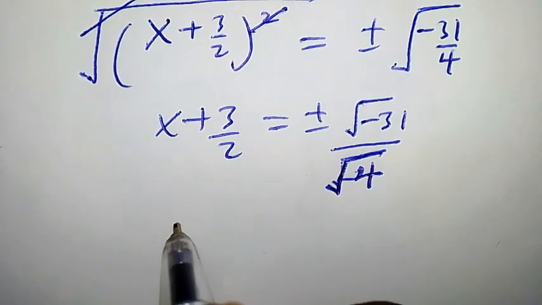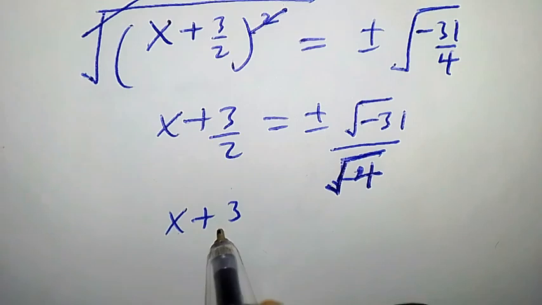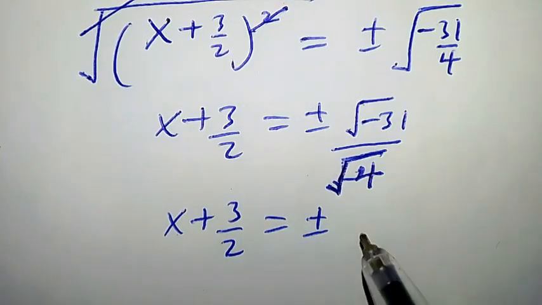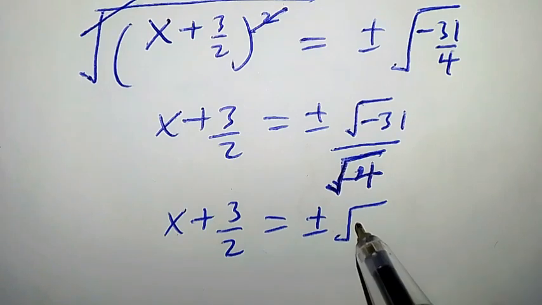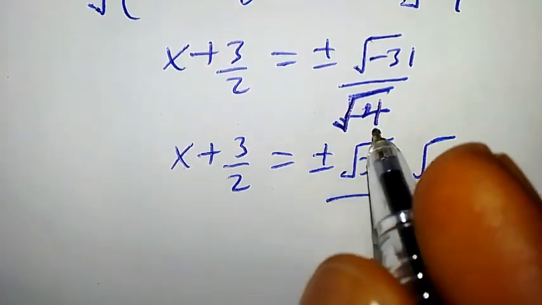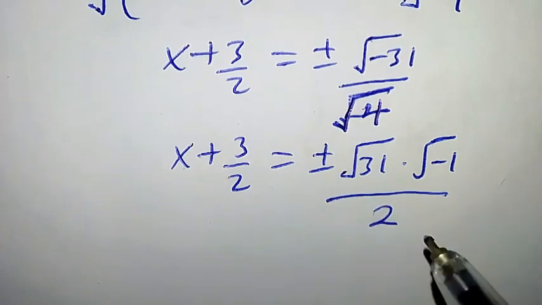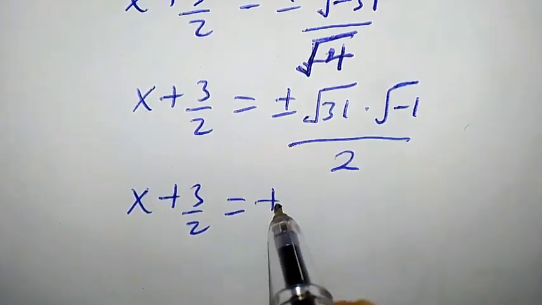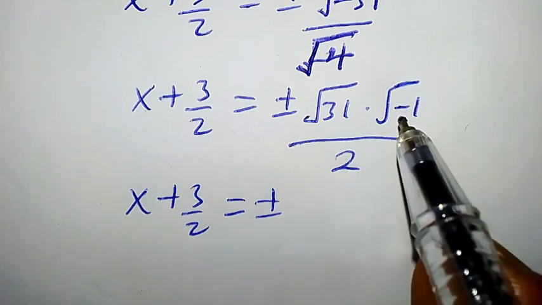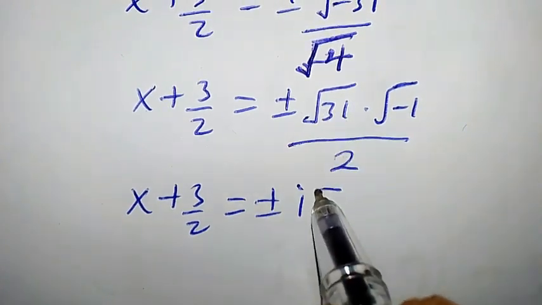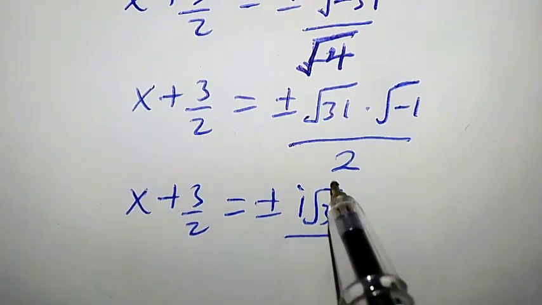So x plus 3 over 2 is equal to plus or minus the square root of negative 31, which is the same thing as the square root of 31 times the square root of negative 1, all over the square root of 4, that is 2. x plus 3 over 2 is equal to plus or minus the square root of negative 1, which from complex numbers is i, times the square root of 31 over 2.